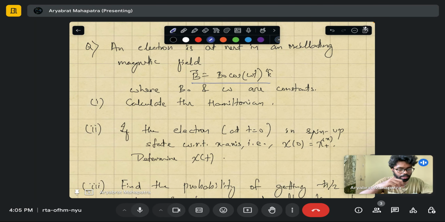You will see that the magnetic field was applied along the z-axis. You know very well that the electron is a spin-1/2 particle.